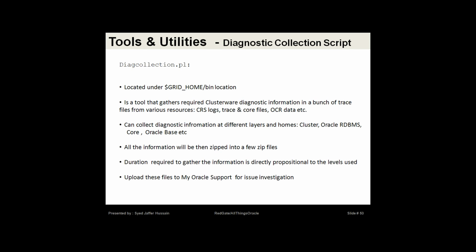So there is a data collection script which comes by default under the grid home bin location. It will help you gather the required diagnostic information in a bunch of log files and trace files, including CRS, CSSD trace files, core files, and OCR data as well. Using this script utility, you can collect the information and then upload it to Oracle for further investigation.